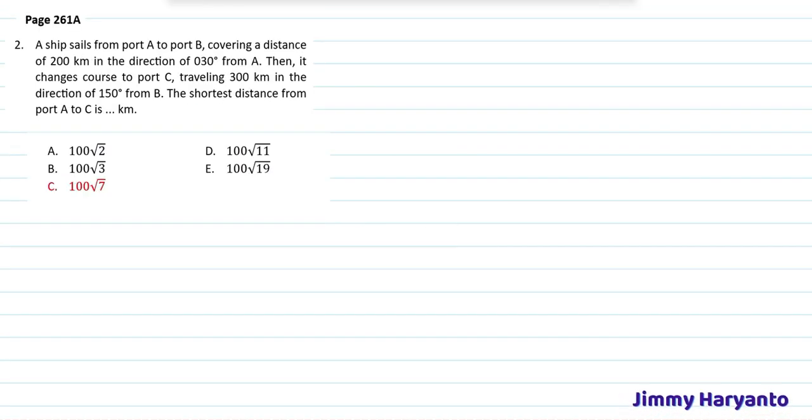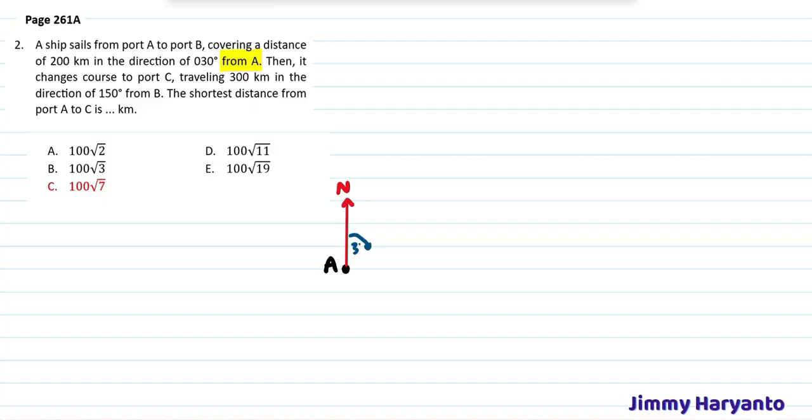Next is question 2, page 261a. A ship sails from port A to port B, covering a distance of 200 kilometers in the direction of 030 from A. Okay, you already read from A. That means we will start from A. A is right here, and then you will do the north first. You draw the north first, and then you will measure 30 degree from the north clockwise.